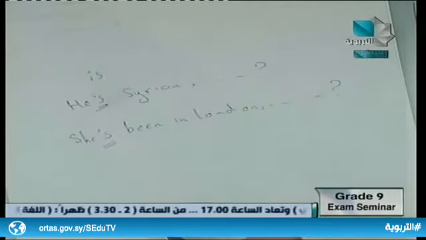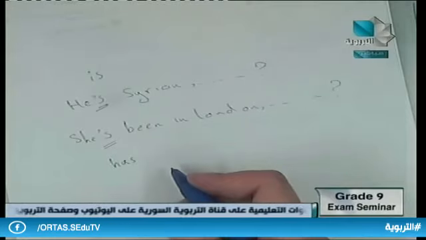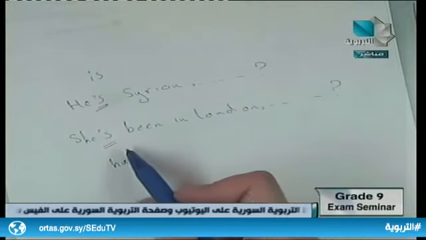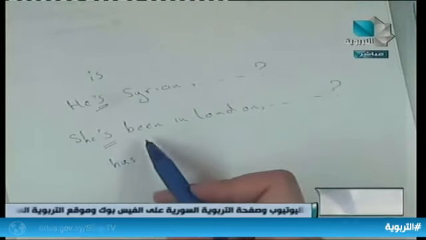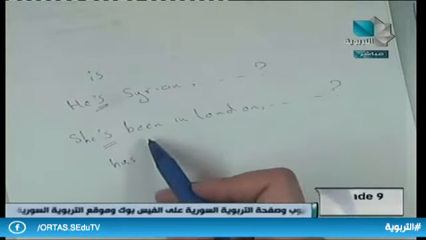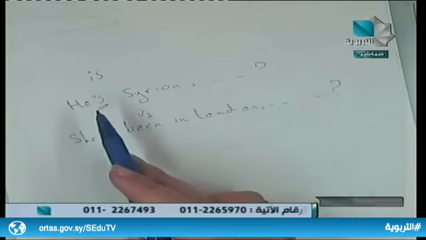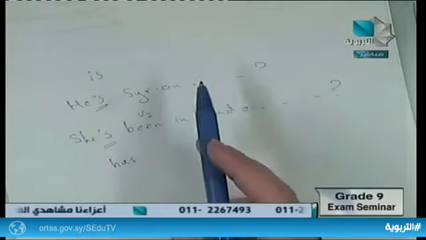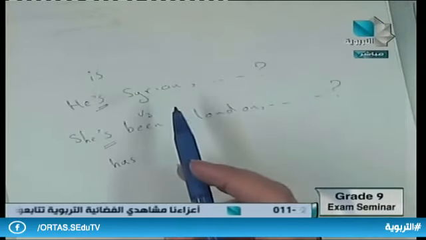How can we differentiate whether it's the short form of is or of has? Always after has, we have verb 3. So if after the short form apostrophe s we see verb 3, or the past participle, this means that this is the short form of has. But after is, we may have a noun, an adjective, or a verb with ing.